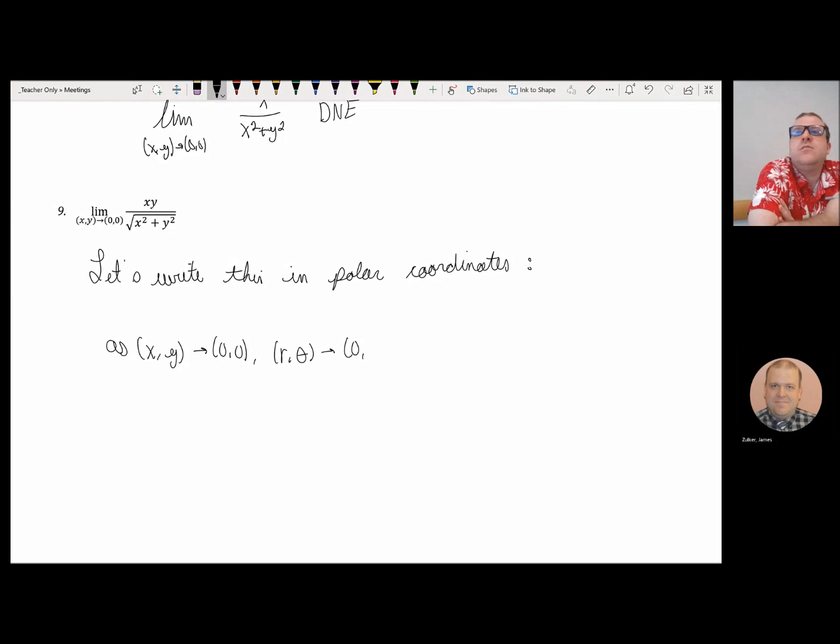What about theta? Right, but it's got to change to something.